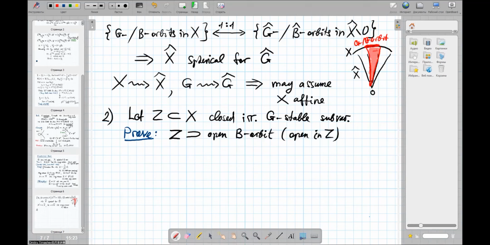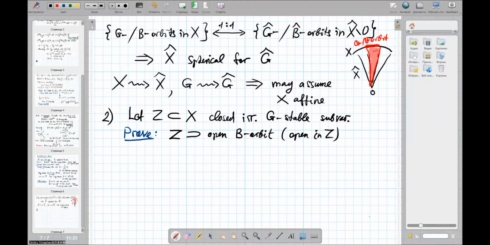In other words, I can say that Z also is a spherical variety, maybe not normal. I do not prove normality at this moment, but in fact, Z will be also normal, but this is a more complicated thing. The normality of a closed G-stable subvariety of a spherical variety is yet another theorem, which I won't prove now.